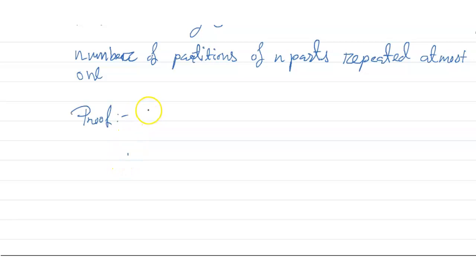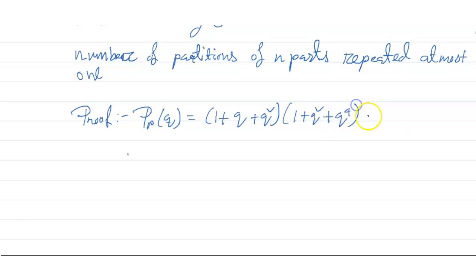Proof: P_R(q) is equal to (1 + q)(1 + q^2 + q^4)(1 + q^3 + q^6) and so on.